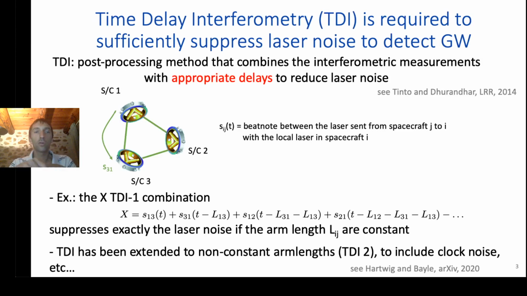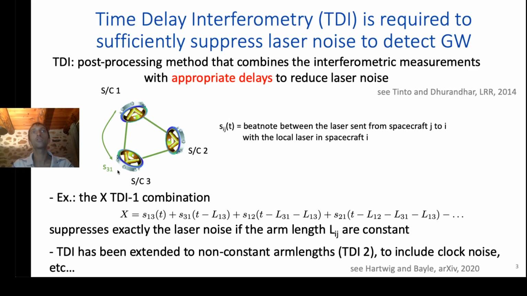The technique to overcome this noise is known as time delay interferometry, TDI, which is a post-processing method that combines all the interferometric measurements by applying to them an appropriate delay to reduce the laser noise. If we denote by S_ij the interference between two laser beams, for example, if the laser beam from spacecraft 1 is sent to spacecraft 3 and interferes with the local laser from spacecraft 3, we denote it S_31.